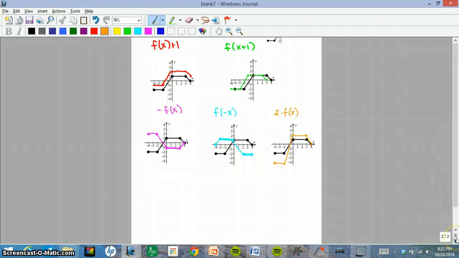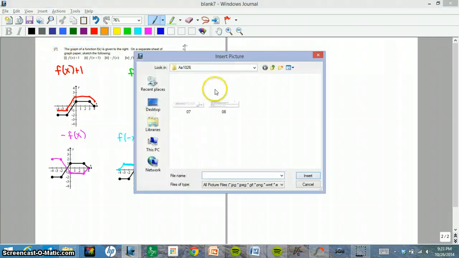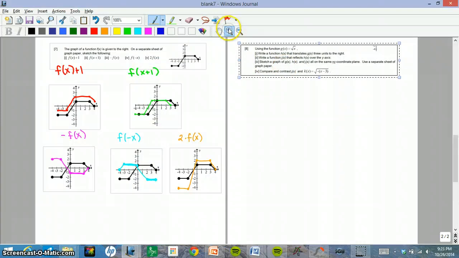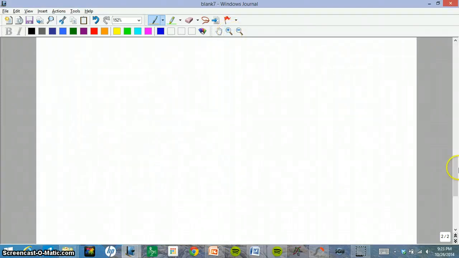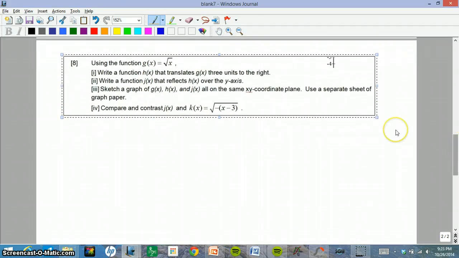Number 8. Move on to number 8 now. So using the square root parent function, write a function that translates g of x 3 units to the right. Well, that's simple enough.